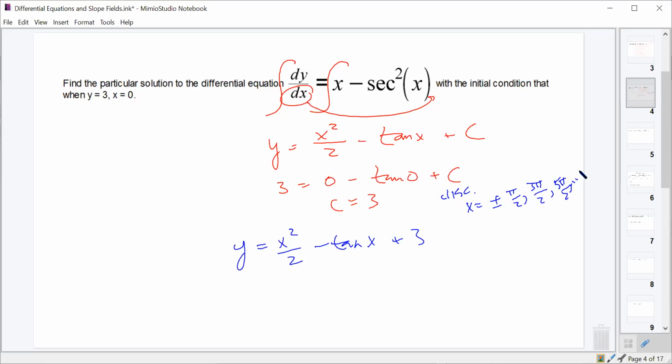So when we have discontinuities in these solutions to our differential equations, we've got to take those into account.